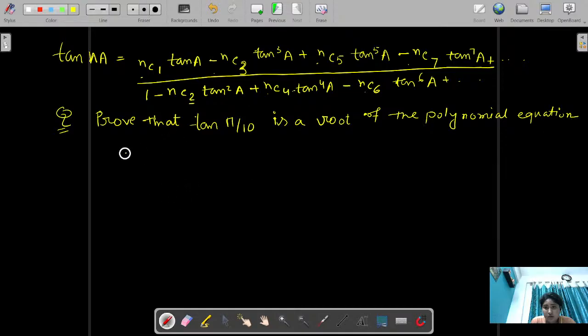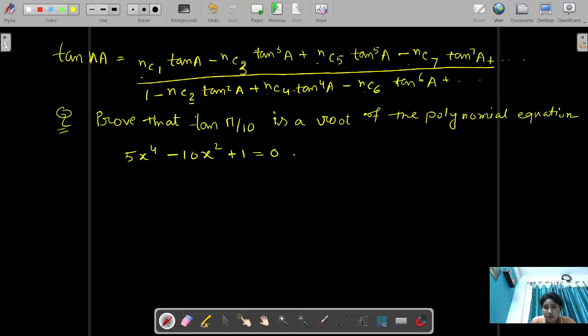And what is the polynomial equation? It is 5x to the power 4 minus 10x square plus 1 equals 0. So that is the equation, and I have to prove that tan pi by 10 is a root of this equation.